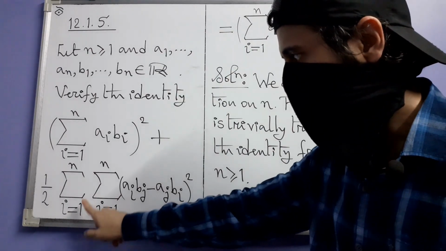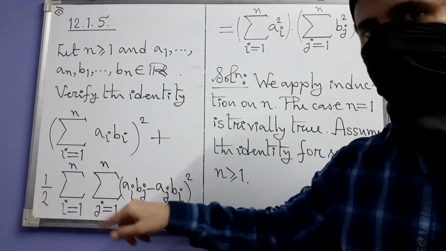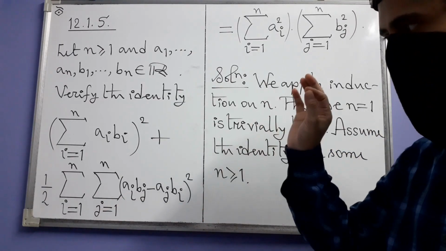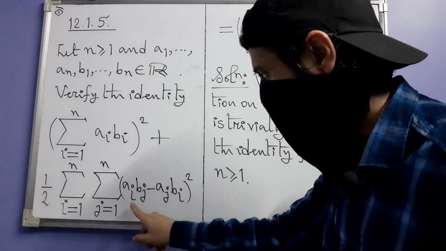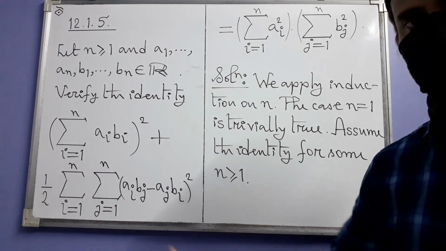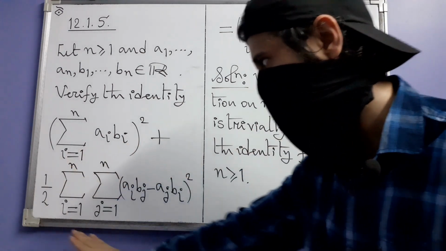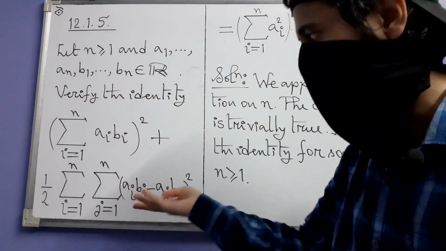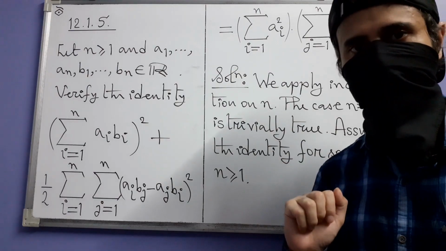Here also n is 1, so the only value that both i and j can take is 1. So here we will have a1 b1 minus a1 b1, so it is 0. So in this special case, this second term is 0. So the left hand side is a1 square b1 square.